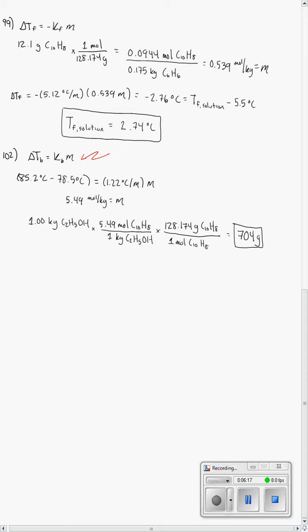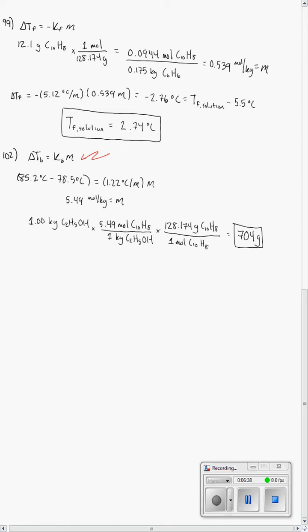So number 102, we're told that the boiling point of ethanol, which is C2H5OH, changes from 78.5 degrees Celsius to 85.2 degrees Celsius when an amount of naphthalene is added to 1 kilogram of this solvent. What we want to figure out is how much of the naphthalene gets added here in grams.